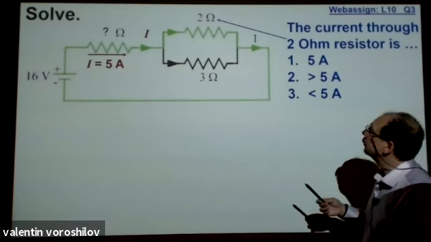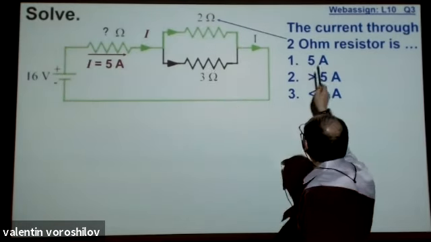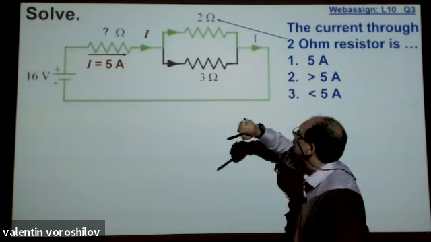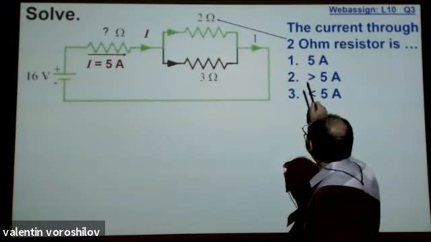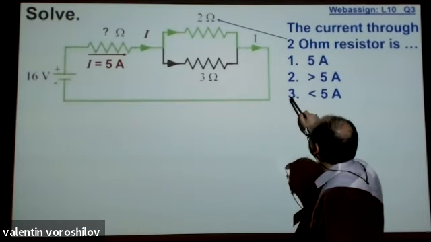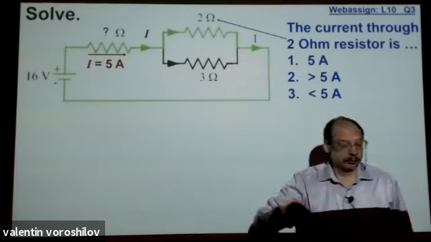So if you think that the current traveling through the top resistor is equal to 5, choose 1. If you think the current traveling through top resistor is less than 5, choose 3. If you think it's greater than 5, choose 2.